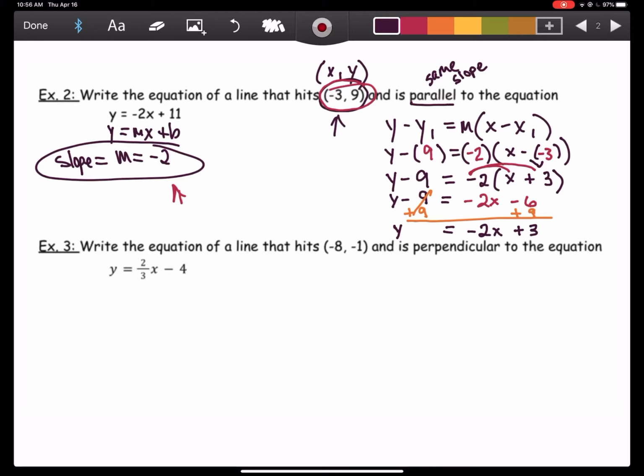Okay? When you're ready, look up what's true about perpendicular lines. What is true about two lines that are perpendicular?